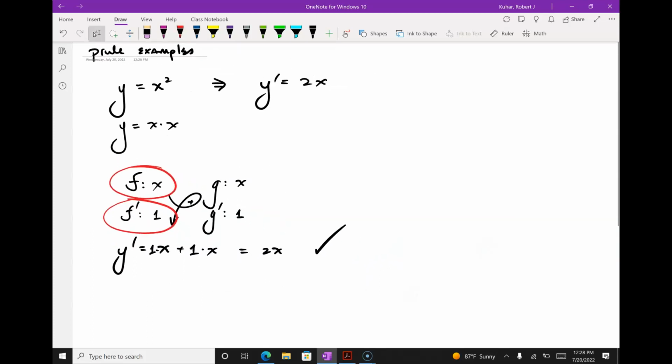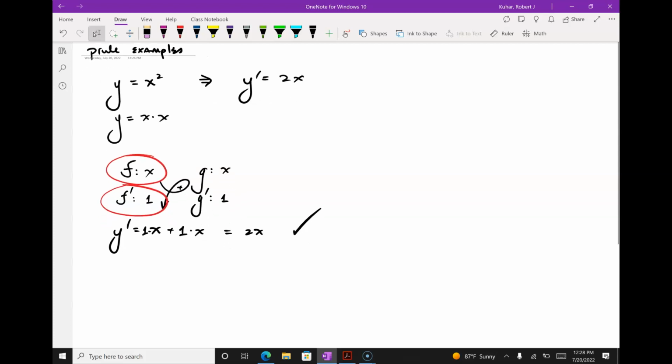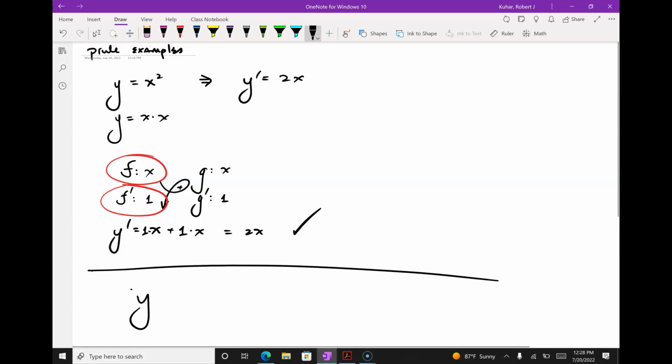Let's do another one where I don't need the product rule. Okay, so y equals x plus 2 times x squared minus 1. Polynomials, right?